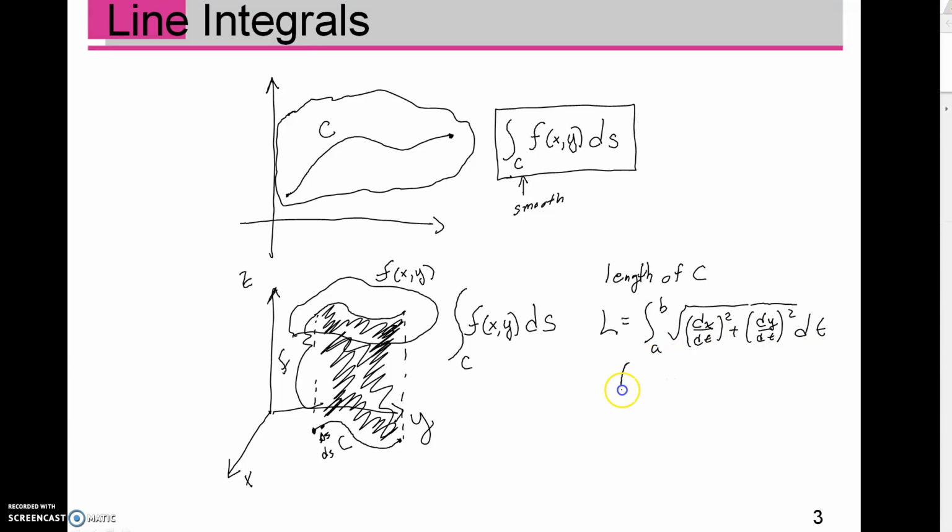And again, we went over that in 10.2, so I won't go over that again. So this is your length. And we know that our height is f.